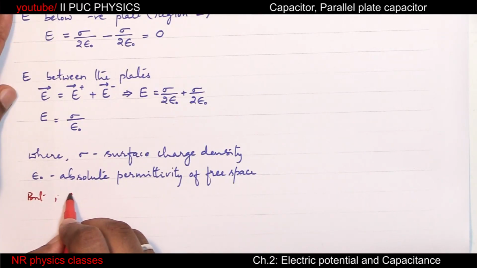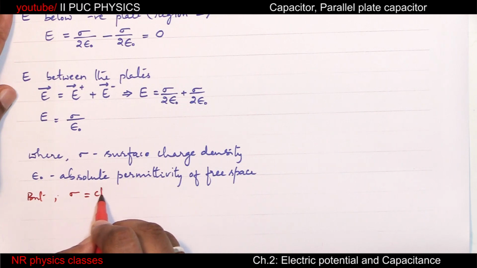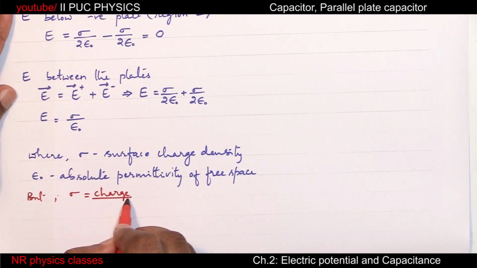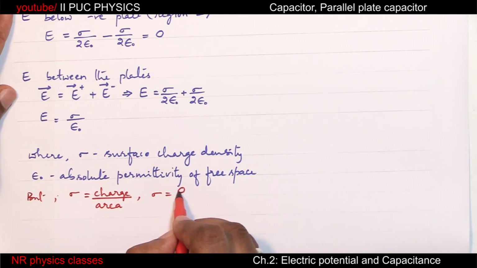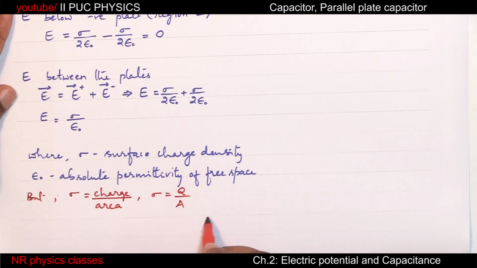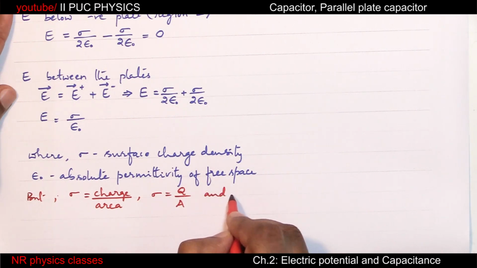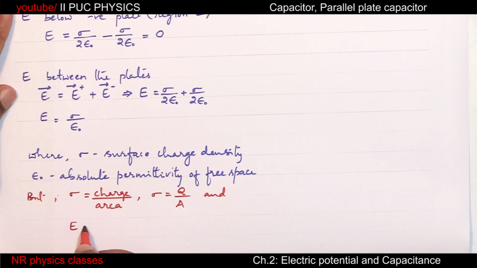But sigma equals charge by area, and electric field equals minus dV by dr. So in place of minus dV, write potential difference V, divided by d, the distance between the plates.